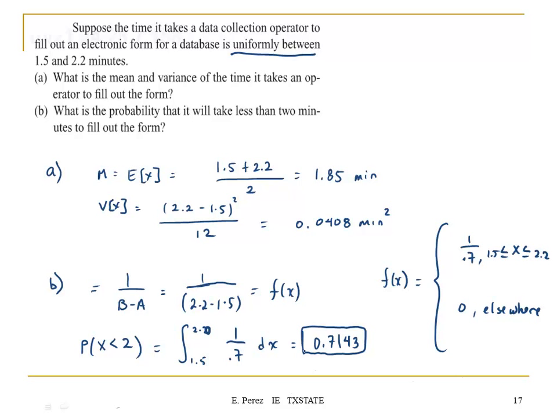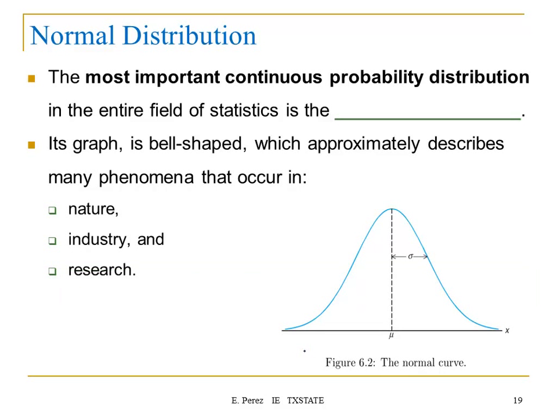And again, as you will see in this slide, this is the most important continuous probability distribution in the entire field of statistics. That's the normal. So that's why we're spending a little bit more time on this one than on the other ones.